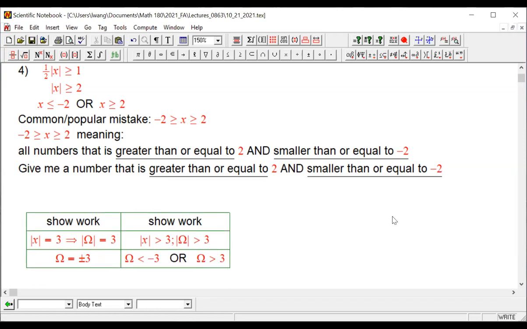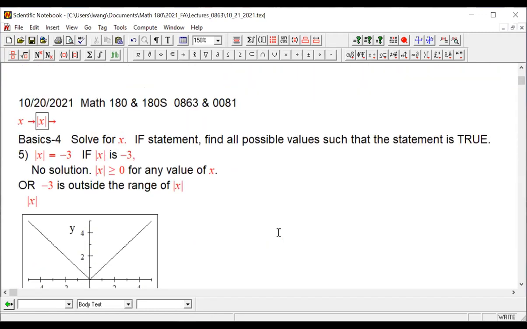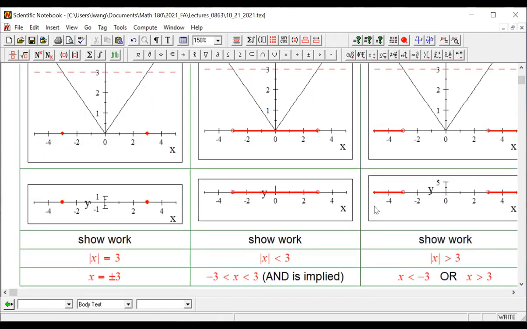Are you guys writing them down? Try to make sense out of it. And then give me a number that is greater than or equal to 2 and smaller than or equal to -2. Can you give me an example of such a number?